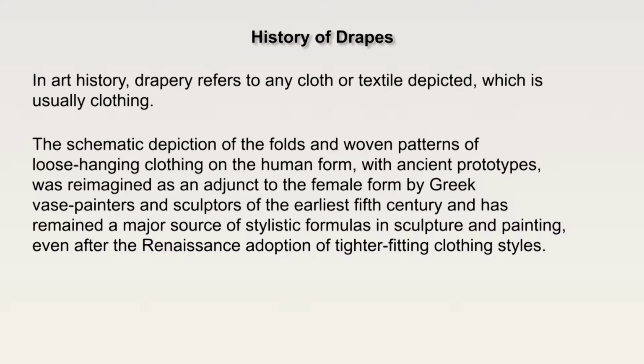The schematic depiction of the folds and woven patterns of loose hanging clothing on the human form, with ancient prototypes, was reimagined as an adjunct to the female form by Greek vase painters and sculptors of the early 5th century and has remained a major source of stylistic formulas in sculpture and painting even after the Renaissance adoption of tighter fitting clothing styles.